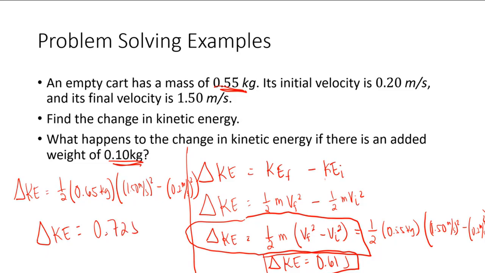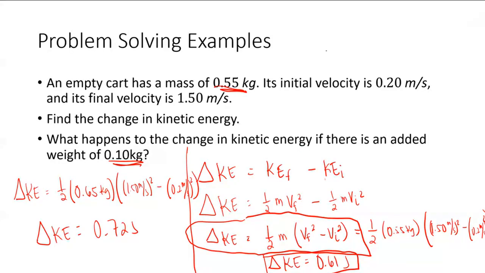So with the added mass, assuming the velocity is unchanged, we have your change in kinetic energy equal to 0.72 joules. Now, these two values show that for the same velocities, increasing mass increases your kinetic energy. But please take note, in our actual experiment, increasing the mass usually lowers velocity if the work input remains similar.